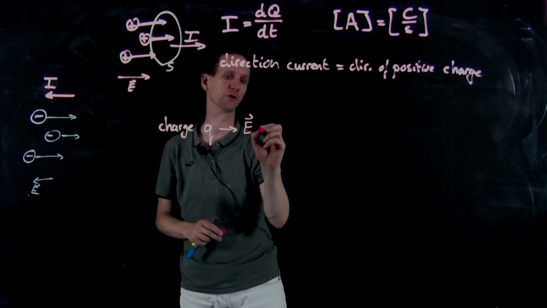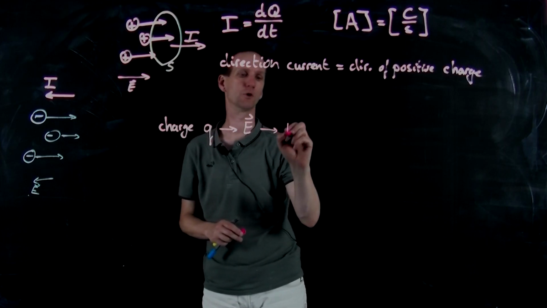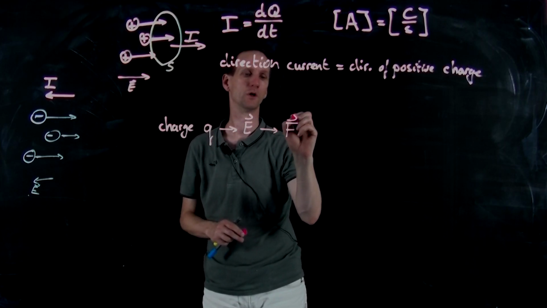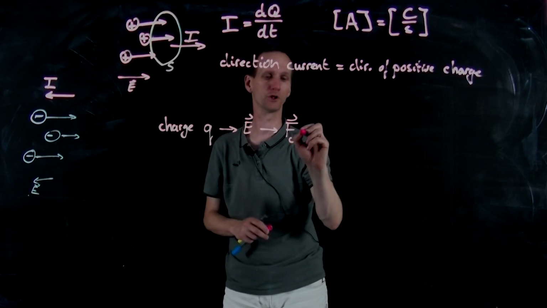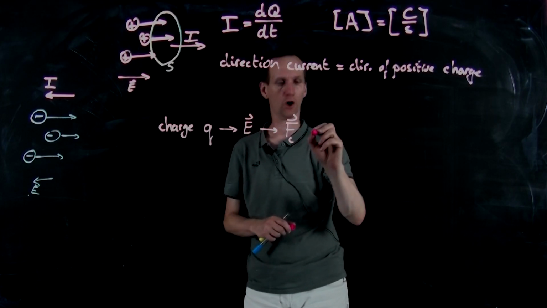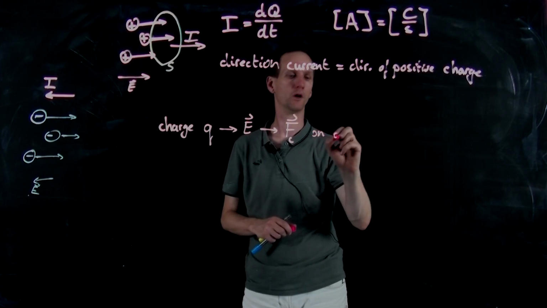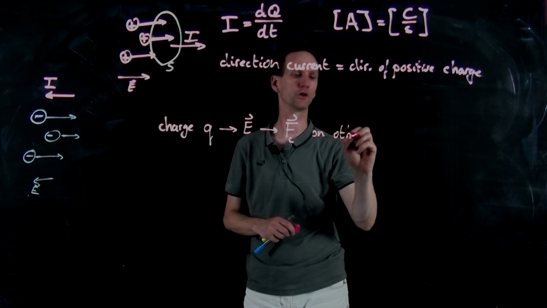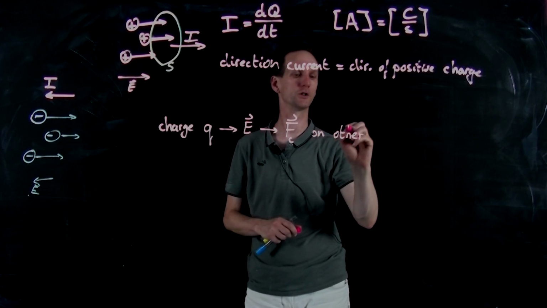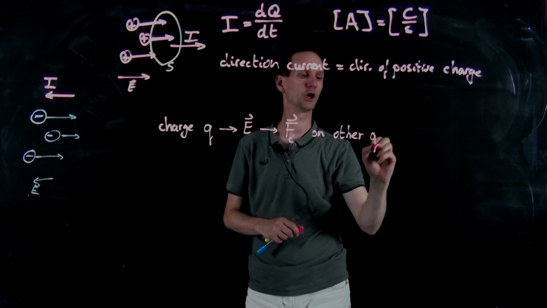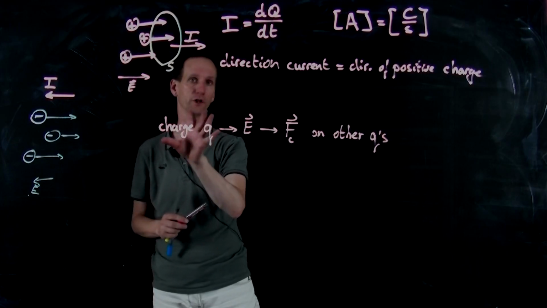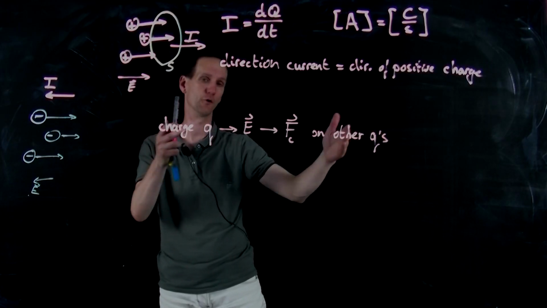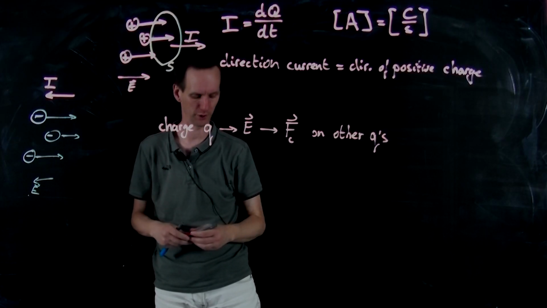And that electric field E gives rise to a Coulomb force, I will now put a subscript C here, that is exerted on other charges, other Q's in the vicinity of this charge Q. So there's a Coulomb force between these two particles.